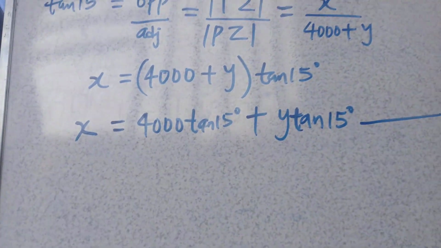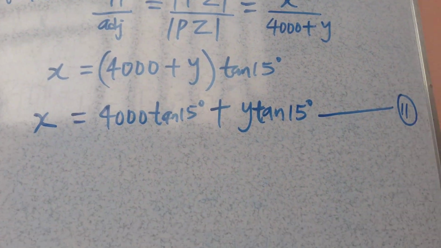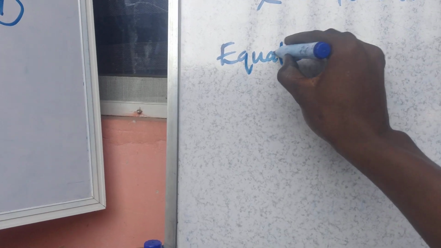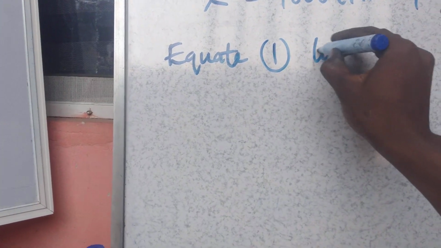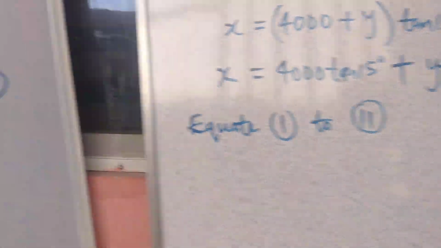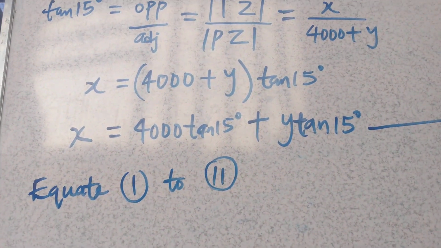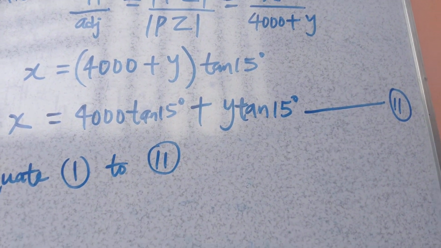That's equation 2. Now what I do next is to equate equation 1 to 2. So if you come over here, this is equation 1, X equals to Y tan 35. And this is equation 2, X equals to 4,000 tan 15 plus Y tan 15.